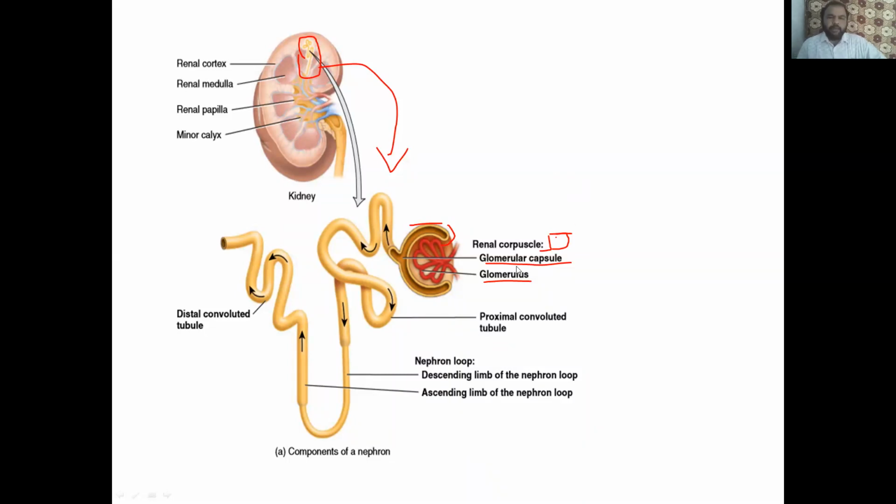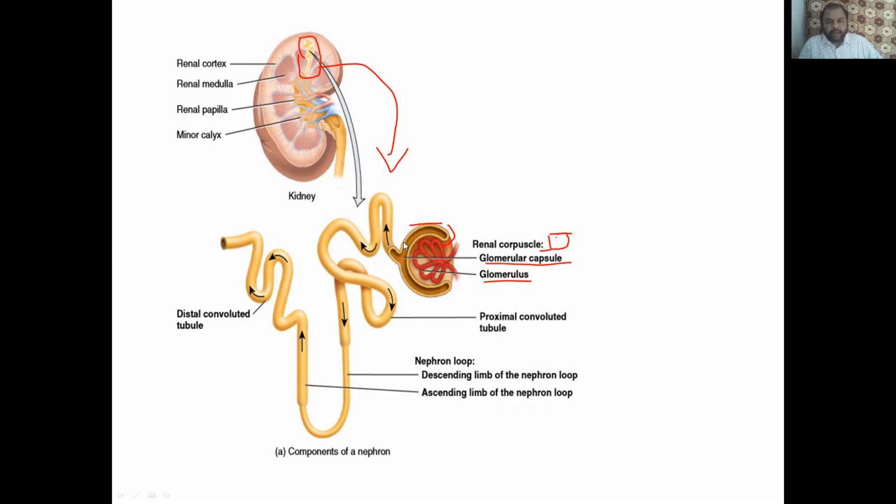Now, if you see here, this is called the renal corpuscle. The Bowman capsule has two portions, inner layer and outer layer, that we will talk about later on. The inner layer is in continuation with the tuft of capillary, and there is the outer layer.